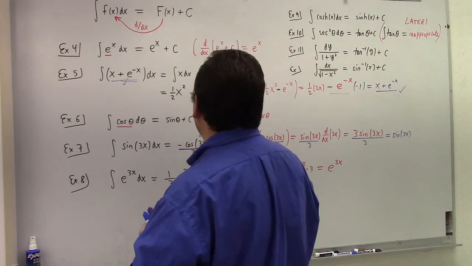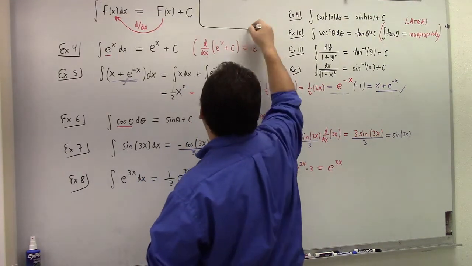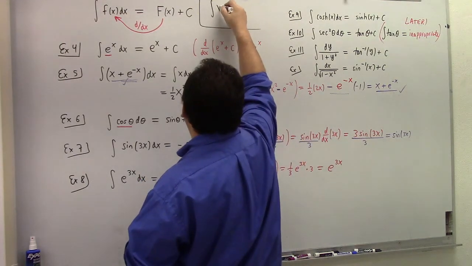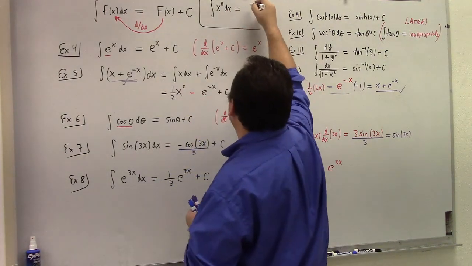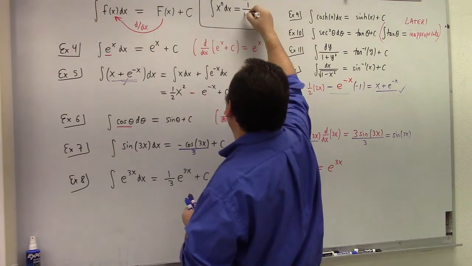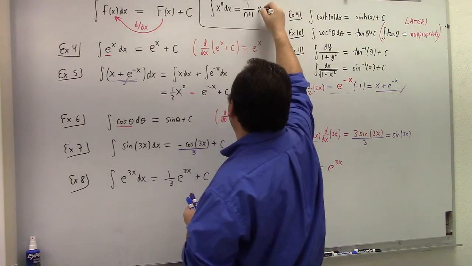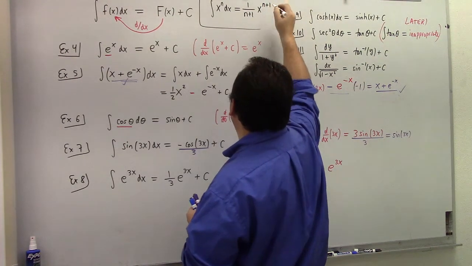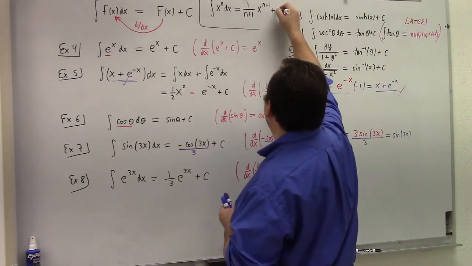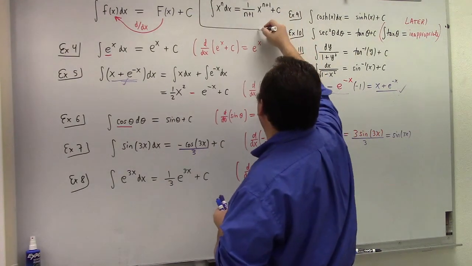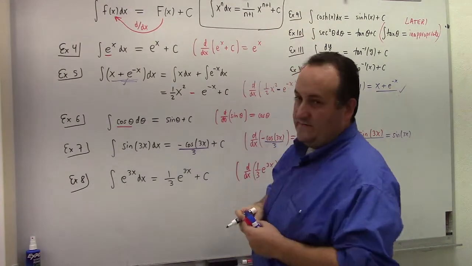But let me just, fun fact here, the integral of x to the n dx, what's the pattern? It is 1 over n plus 1, x to the n plus 1, plus a constant. This is the power rule for integrals. So you should keep that in mind as you're working on the worksheet.